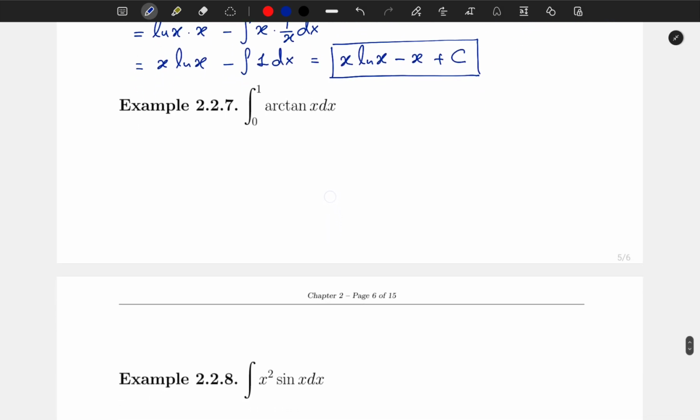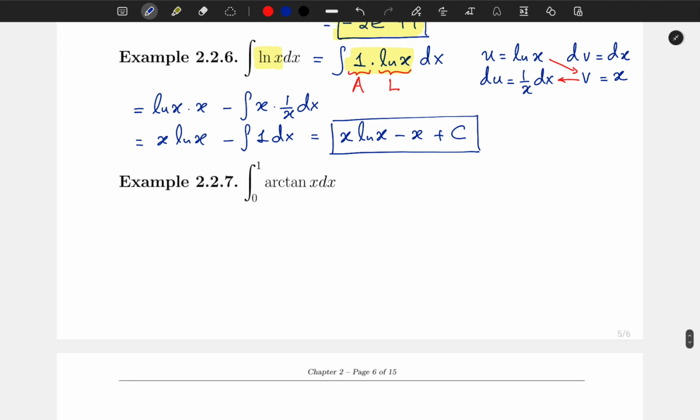Now here you have a single function, arctan or inverse tan. So I'm going to do exactly the same as what I did in the previous example. So it is 1 times arctan or inverse tan x. So 1 is an algebraic term. Inverse tan is an inverse trigonometric.